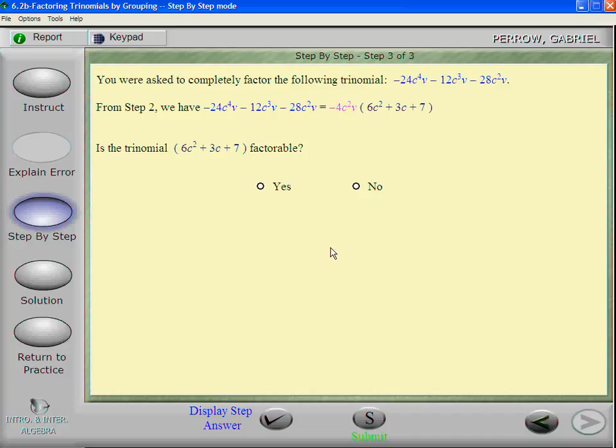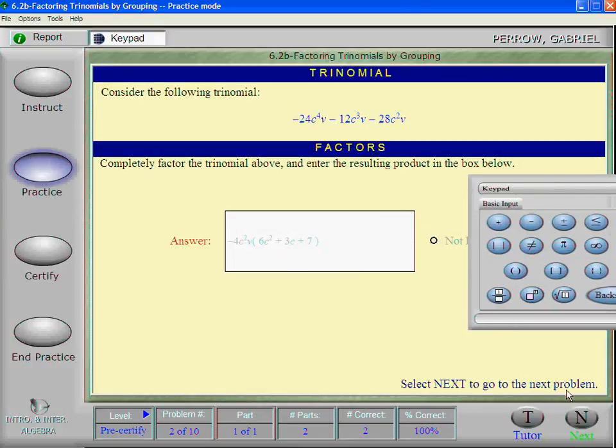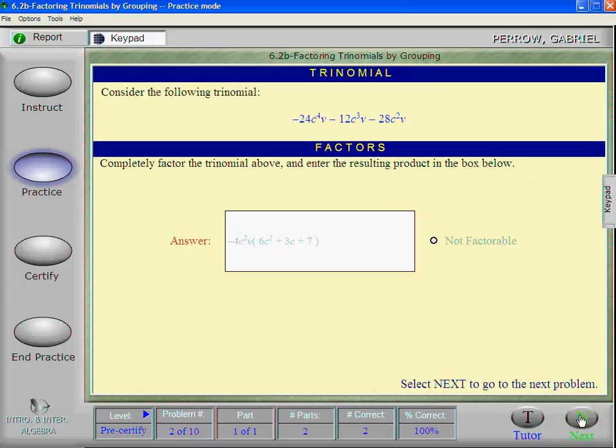Is this trinomial factorable? 6 times 7 is 42. You're not going to find two numbers that multiply to give you positive 42 and add up to positive 3. Maybe if there was a negative and a positive, but it's just positive, positive. So they're repeating their problem type in this example as compared to the previous.